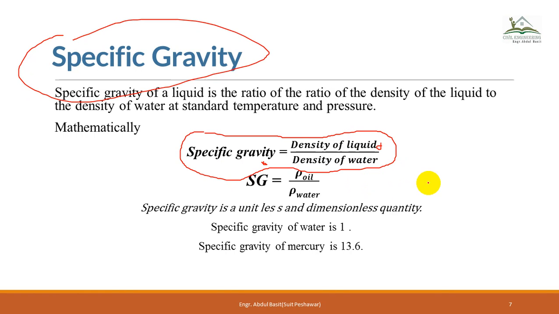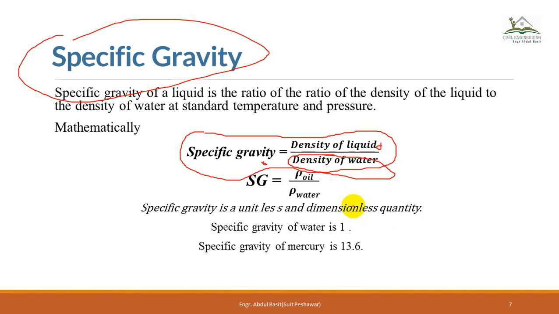Simply, specific gravity of any substance is the comparison of the density of that substance to the density of water. If that substance is mercury, then the specific gravity of mercury is equal to the density of mercury divided by the density of water. This density of water remains constant in every equation for specific gravity. All the substances are compared with water only.